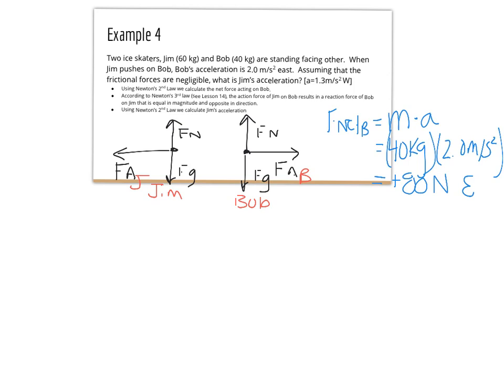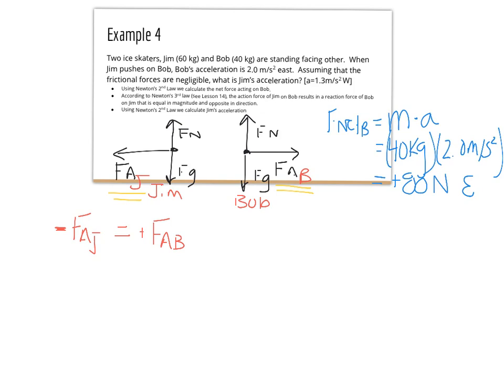Okay, we know that for every force there's an equal and opposite reactionary force. Therefore, Jim's applied force is equal to Bob's force. They're equal and opposite. Okay, so we're going to say that Jim's applied force, who's actually in a negative direction, is equal to Bob's applied force in a positive direction.